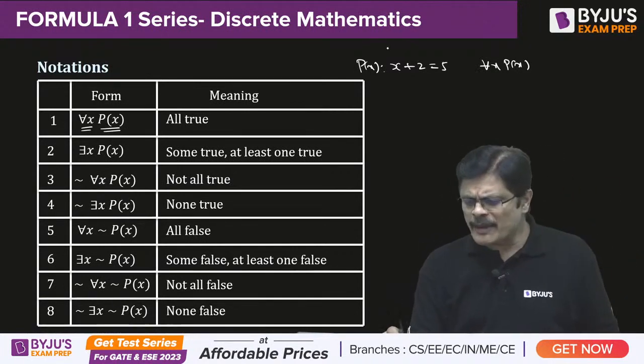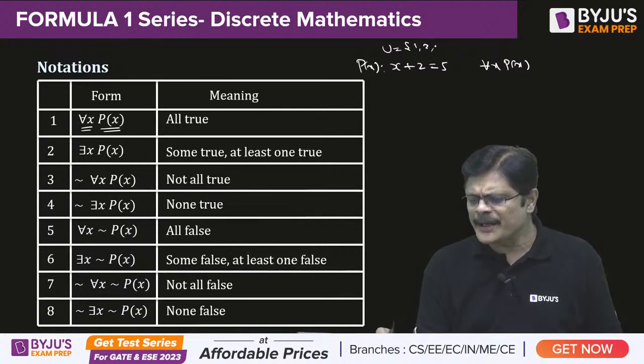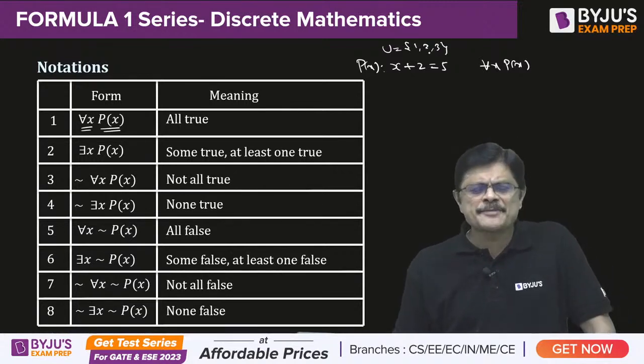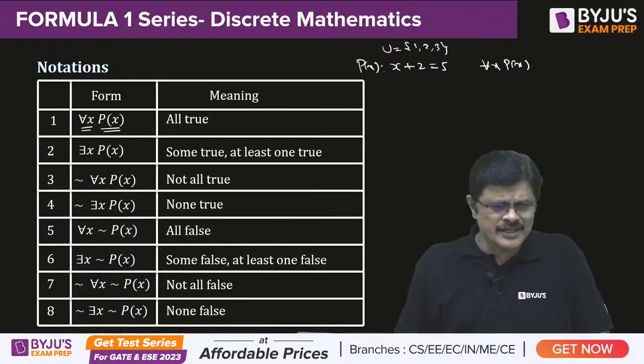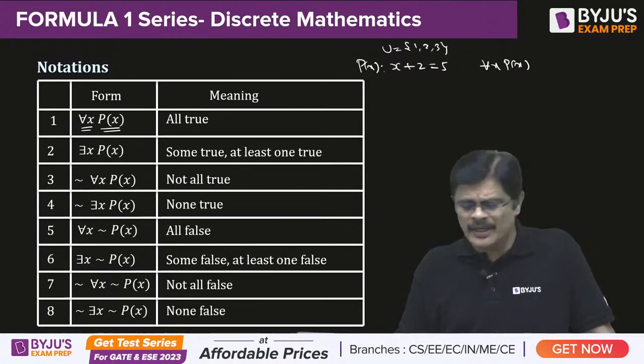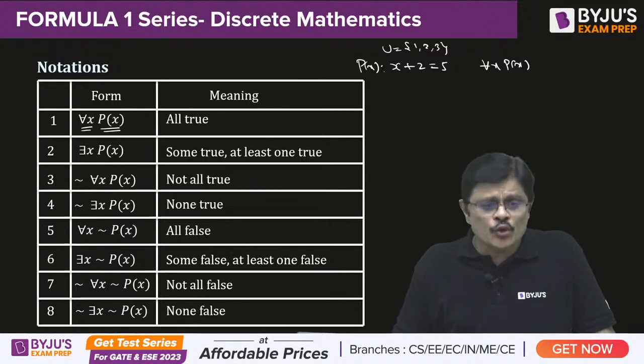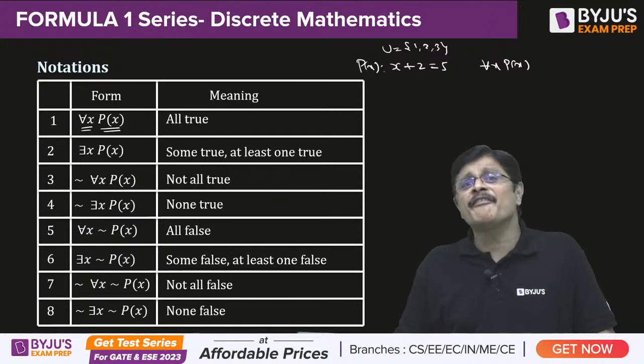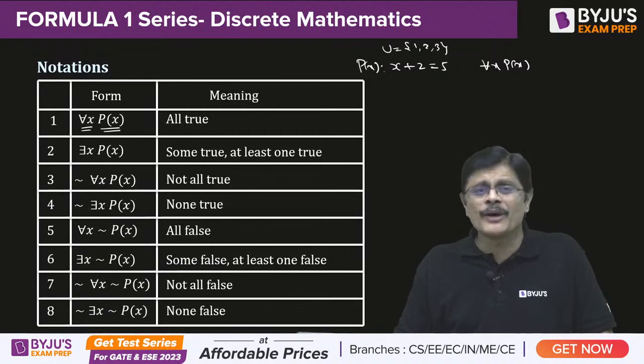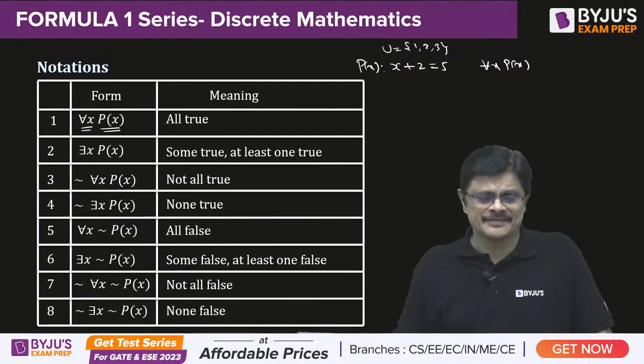Now, suppose my universe is 1, 2, 3. For all values of x, p of x is true or false? Hello Kaustubh, whether it is true or false. Is it a true statement or a false statement? What do you say about it?